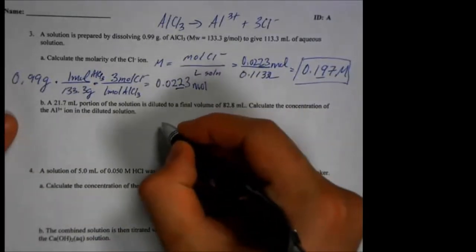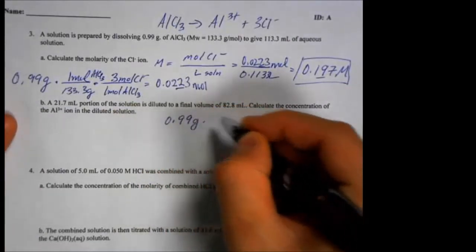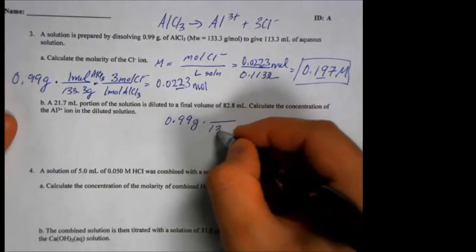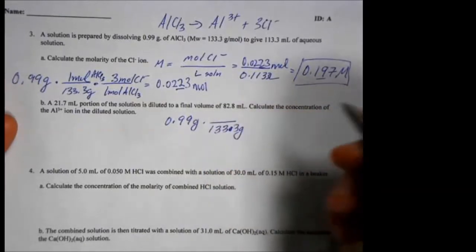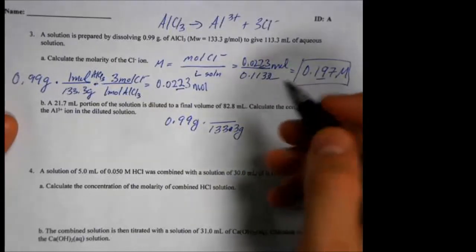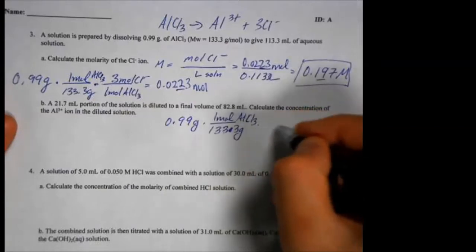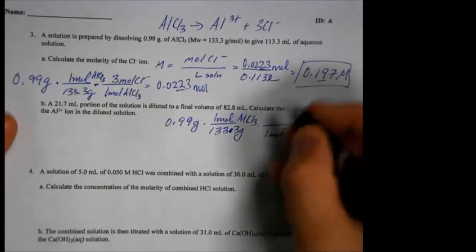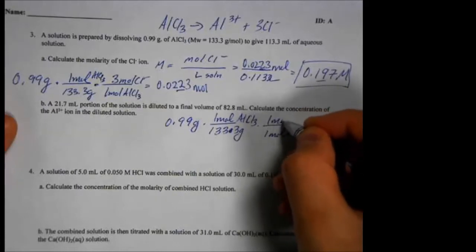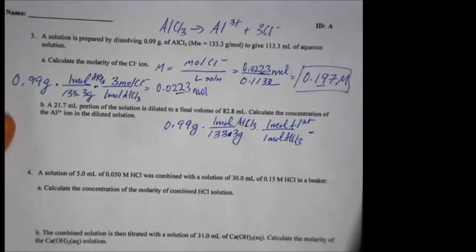So again, I'm just going to quickly go back and calculate that. That's going to be 133.3 grams per mole of AlCl3. And in this case, instead of 1 mole of AlCl3 to 3 moles of Cl-, we're just going to do 1 mole of Al3+.